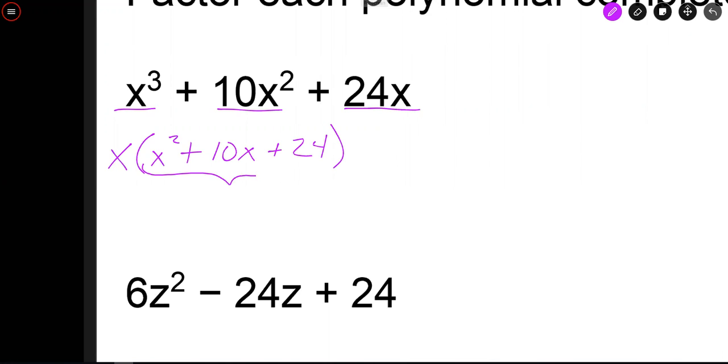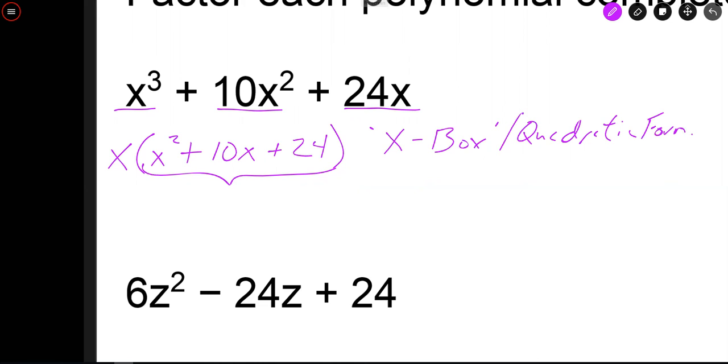From there, I can factor this quadratic just like I would in chapter 3. I can either use what we deemed the X box factoring method, which may or may not work, or I can try using the quadratic formula. I'm going to use the quadratic formula in this case.